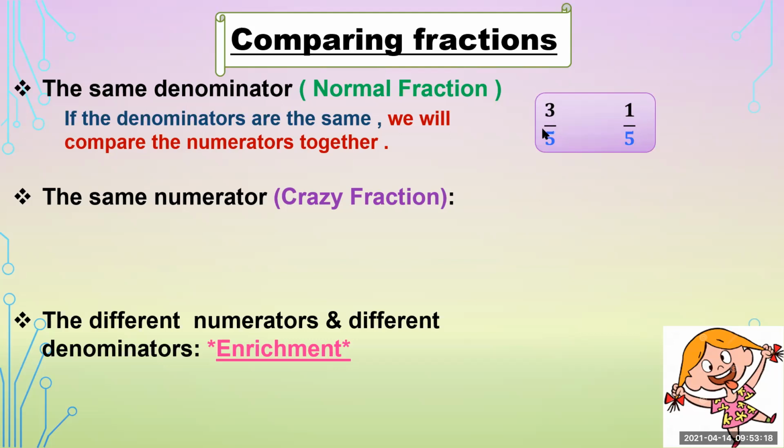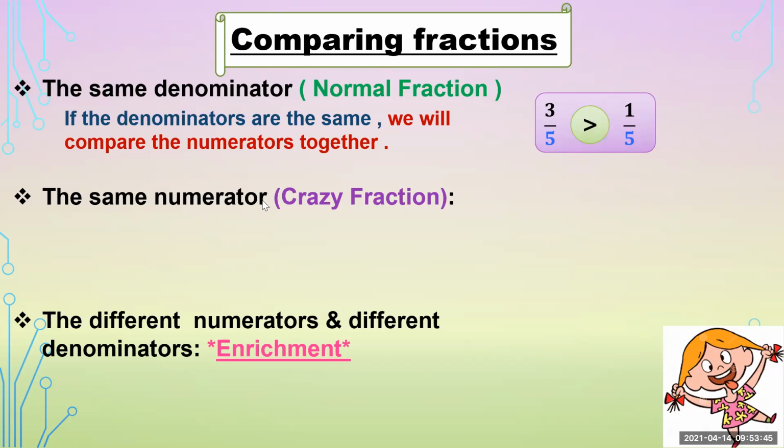So here I have the same denominator. Which is the bigger numerator? 3. So 3 over 5 will be the bigger. Okay. This is the normal fraction.